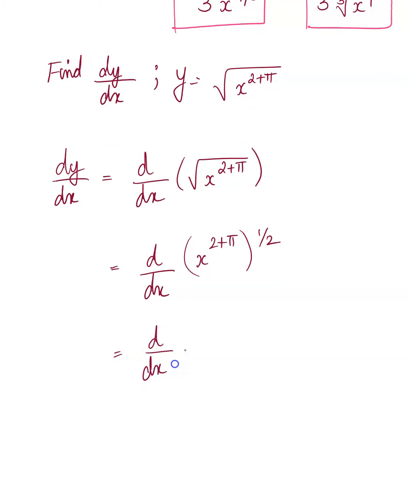So that makes it a whole lot easier when you see it like this, x power 2 plus pi over 2, because we know that the power rule of exponents says that if you had powers stacked up, right? The x has the power stacked up, you have the 2 plus pi, which in turn is stacked by 1 over 2. When powers are stacked up, we multiply the powers.